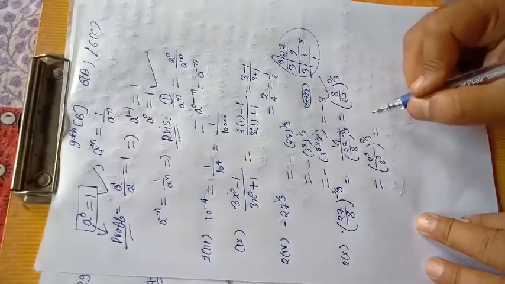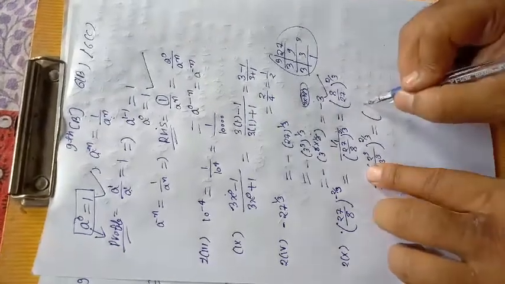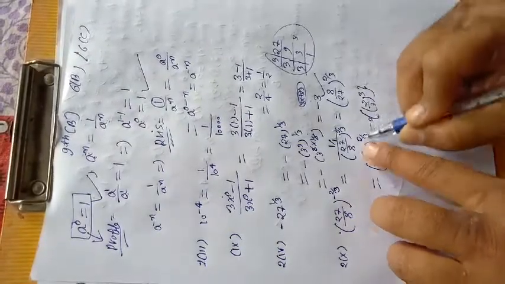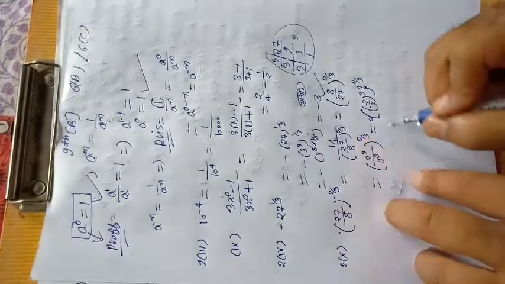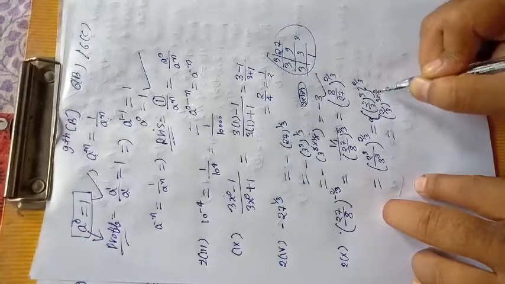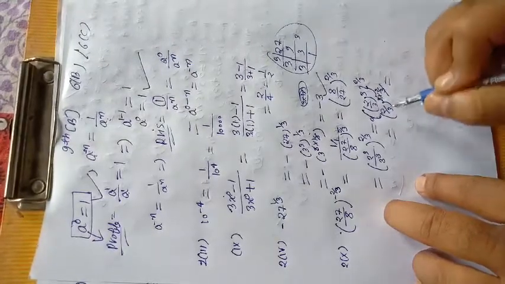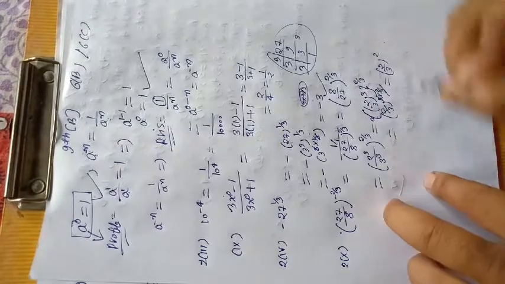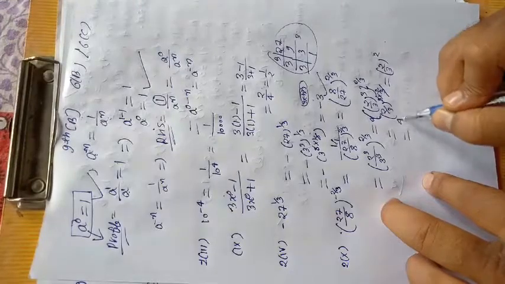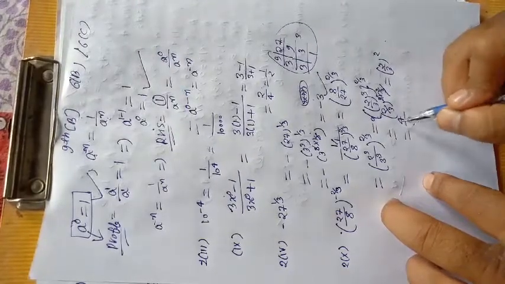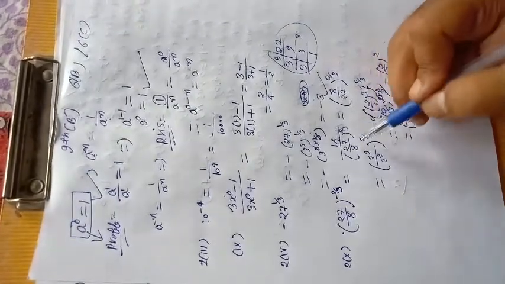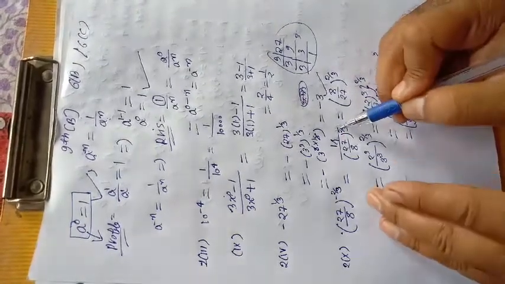Power to the power is multiplied, so this can be represented as 2 upon 3, whole power 3 into 2 upon 3. The 3s cancel out, so this equals 2 upon 3 to the square, which is 2 square upon 3 square. 2 square equals 4 and 3 square equals 9, so 4 upon 9 is the answer. Okay, there is only one rule: 1 upon a to the power n.